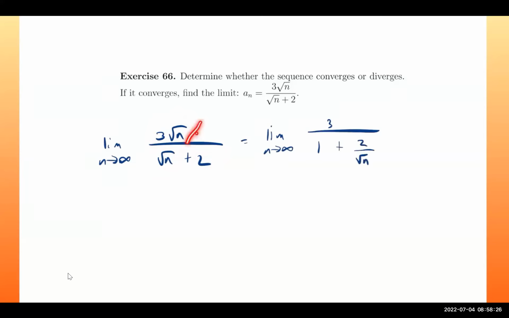So I divided everything by the square root of n. That's how I got this expression. And we know that this will approach 0 as n approaches infinity. So therefore, we get 3 over 1, which is 3, which means that the sequence converges.